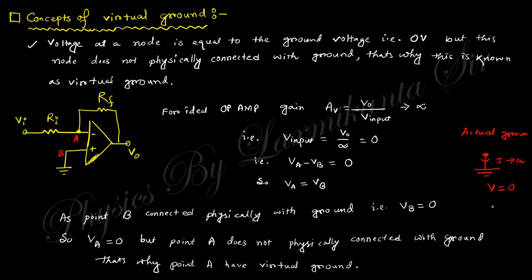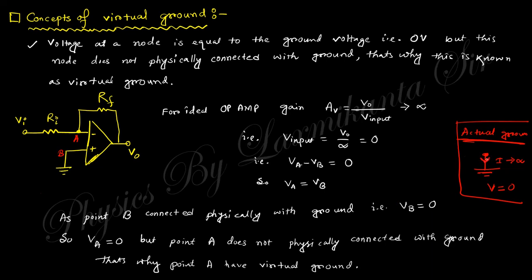The current tends to infinite. Voltage 0, current infinite. V equals IR, resistance R equals V by I, so I equals V by R. Yes, current tends to infinite. For actual ground, current is infinite and voltage is 0, right?